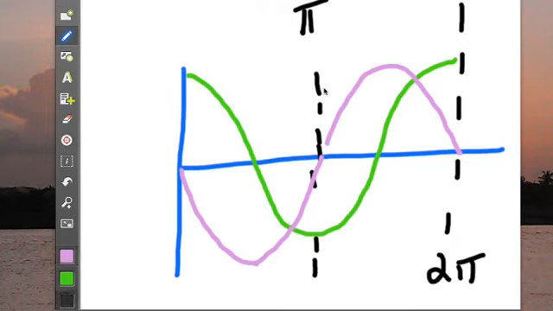And we should see that it's what we call phase shifted by 1/4 of a cycle.